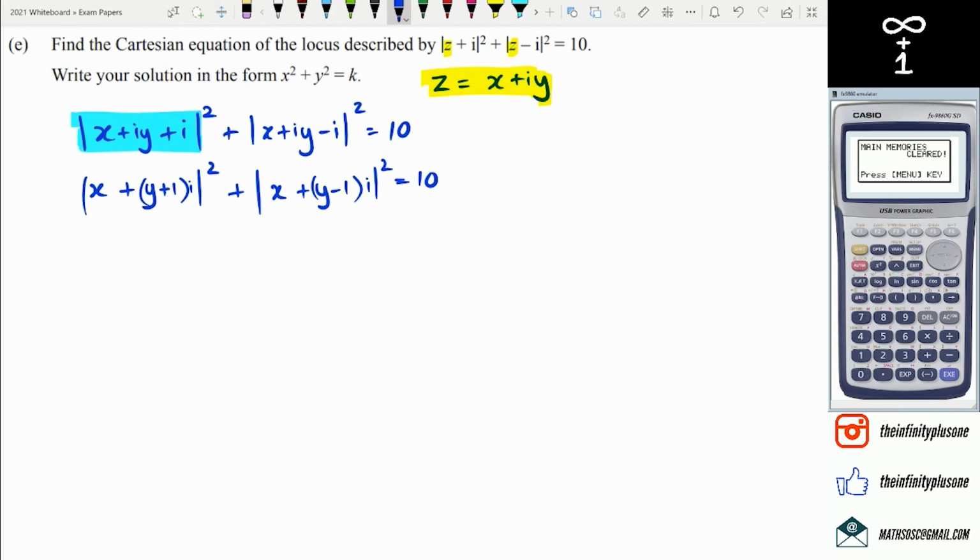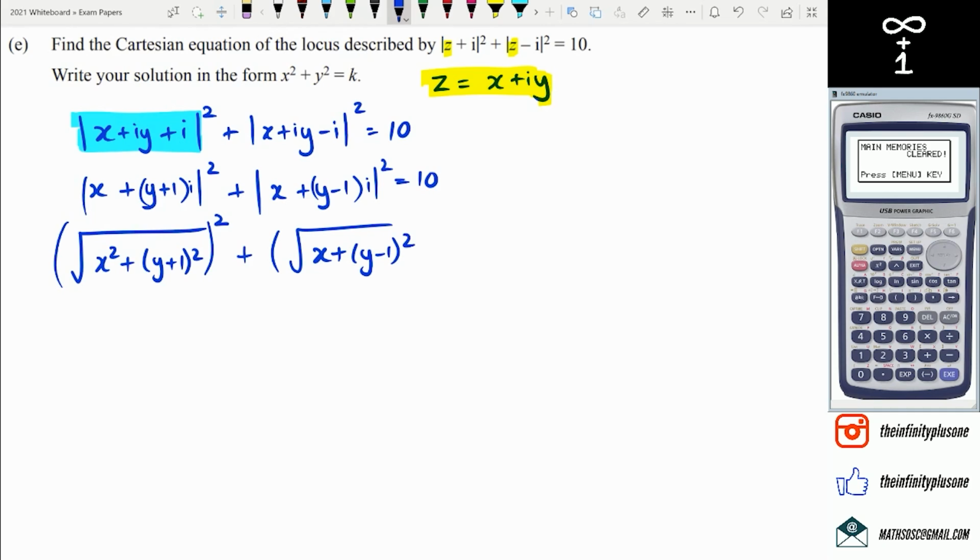Because it's modulus and then squared, I can forget about the square root, since the square root squared just gets rid of itself. But I'll show you what it looks like anyway. It's the square root of x squared plus (y plus 1) squared, and we still have that square to deal with, plus the square root of x squared plus (y minus 1) squared, also getting squared, equals 10. Because the square root and the square are next to each other, we can get rid of them.